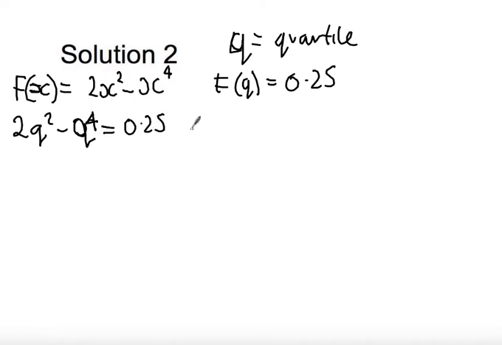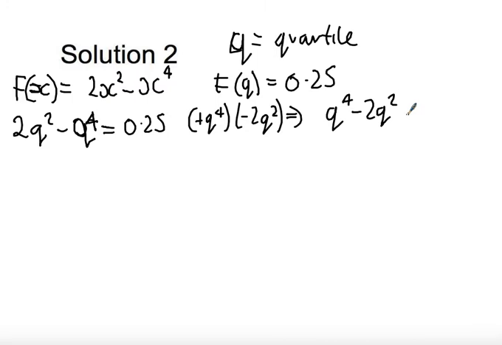I'm going to take exactly the same approach as a moment ago, and form a quadratic in Q squared. So we're going to add the Q to the power of 4 to both sides, and subtract 2Q squared from both sides, so that I get Q to the power of 4 minus 2Q squared plus 0.25.